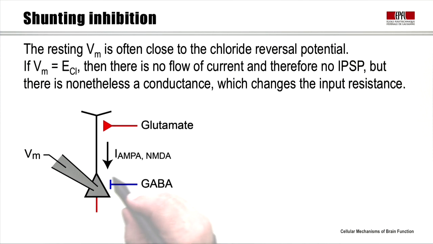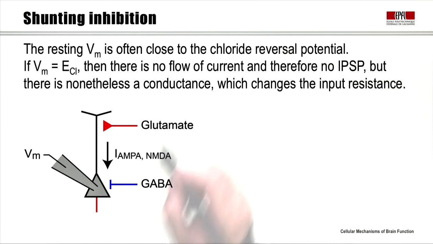At the soma, we can imagine that there are GABAergic synapses that are present here, a chloride conductance that maybe is reversing at exactly the same as the membrane potential of that cell. And nonetheless, activating this GABA conductance will change the impact of that glutamate.